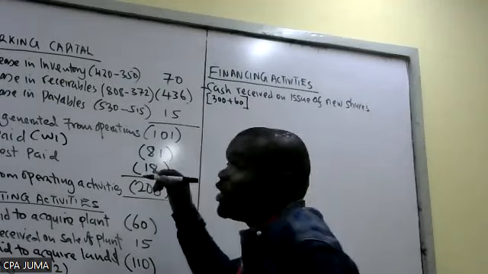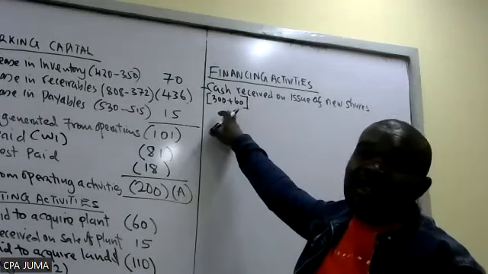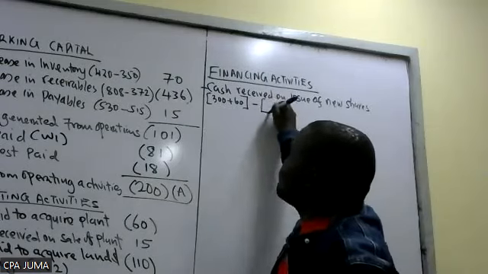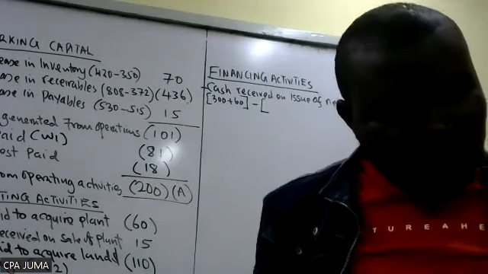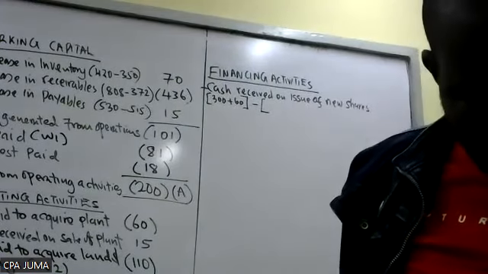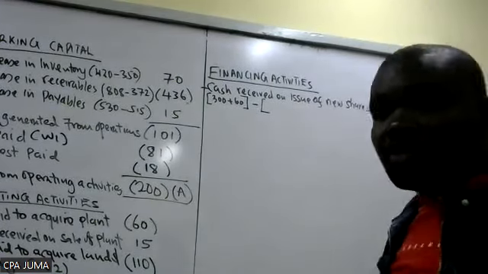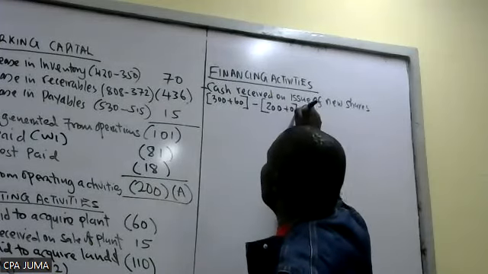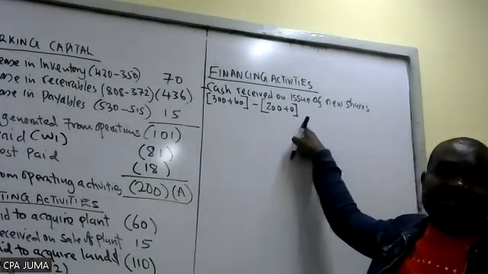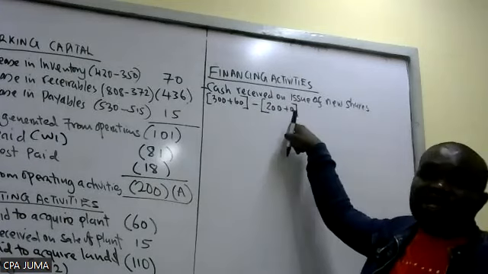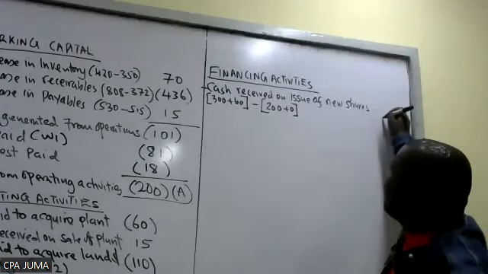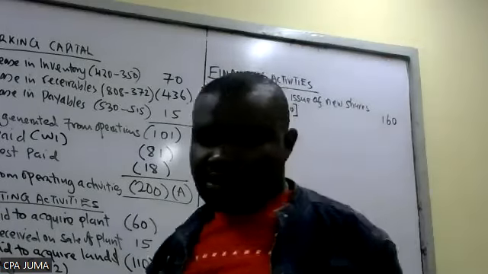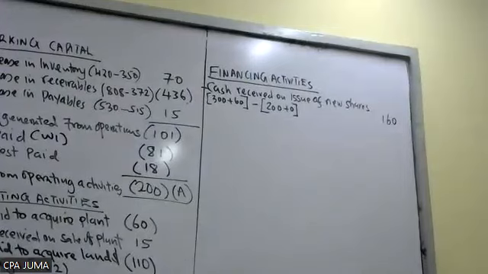So it means they closed with 360 worth of ordinary shares. But what about the opening? Opening was 200 plus nothing. There was no premium at the beginning. So 200 plus 0. The increase was 160, because this is 360, initially it was 200. So the issued shares were 160 for cash. So bring that one there.